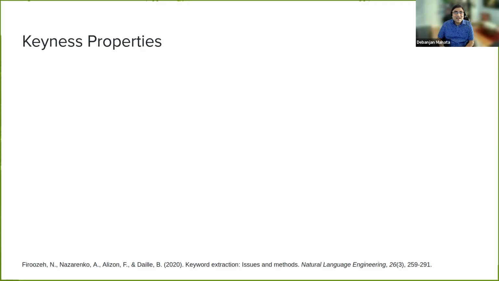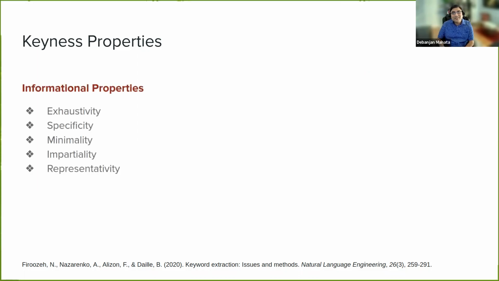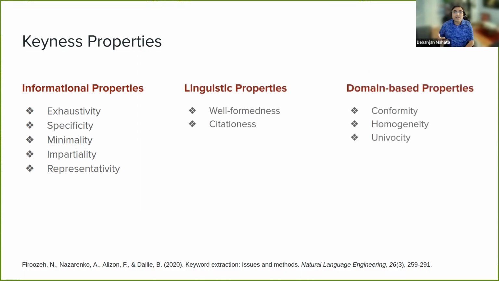So now, when it comes to the keyness properties, there are certain properties which the work that I have referred to in the slide has identified, which identify any phrase as a key phrase. But this is not a well-defined set of properties, and there's no common consensus at this point on what exactly a key phrase is.